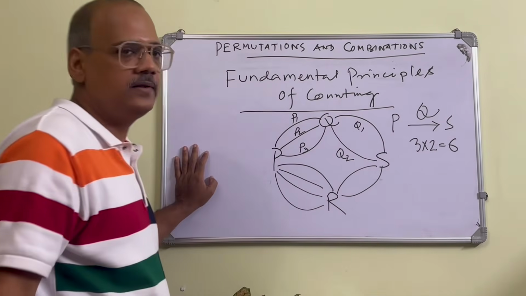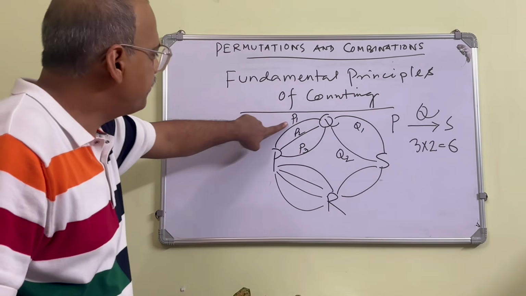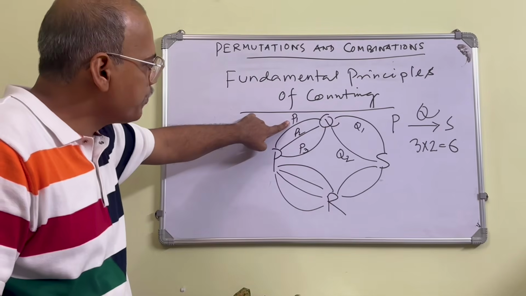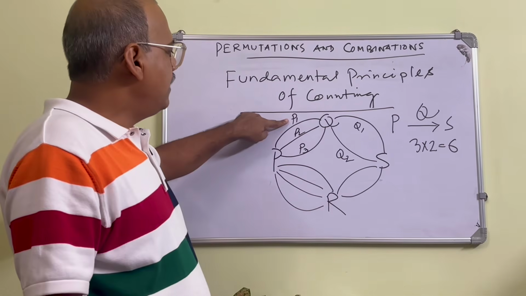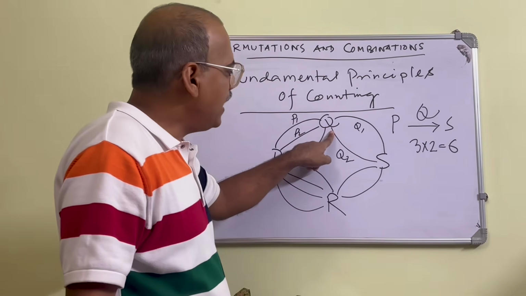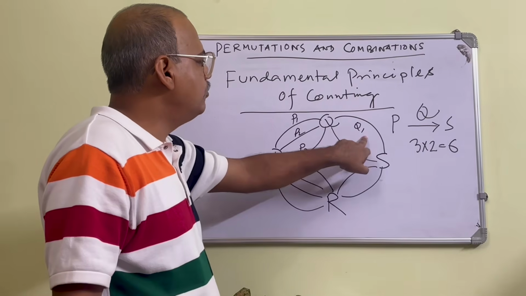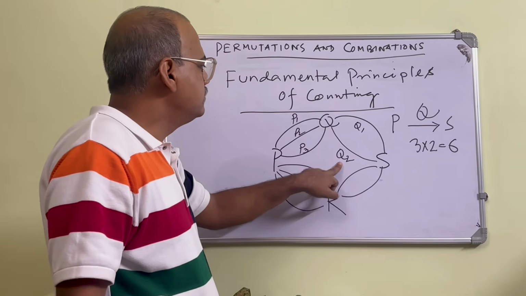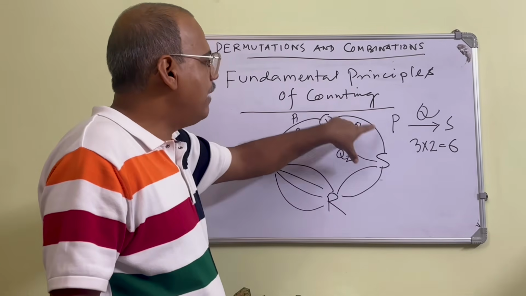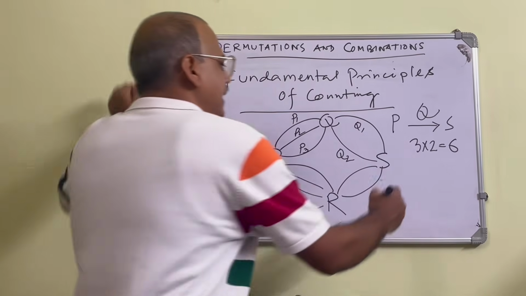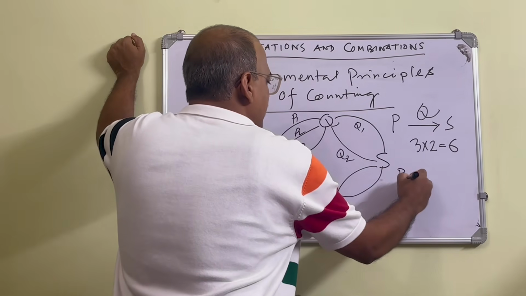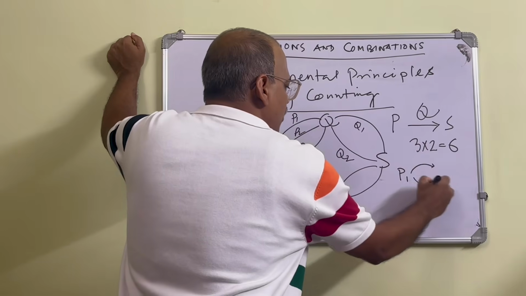How come 6? Let's say I am taking P1. For P1 I reach Q, and then I can take either Q1 or Q2. So for P1 I do have two routes here.